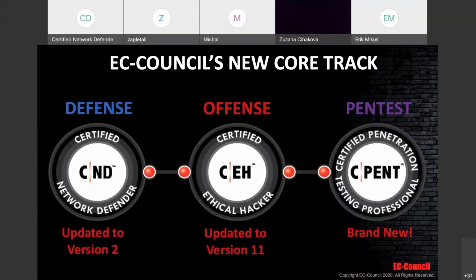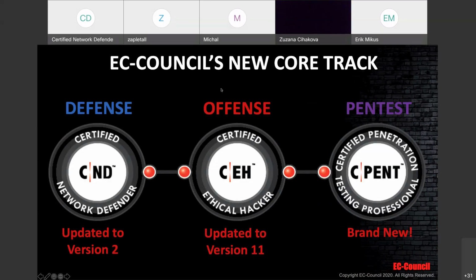This is our full vulnerability assessment and penetration testing track, which was fully updated last year. I know this is the second webinar in the series that we've run with GOPAS, and we've already covered the Network Defender course.